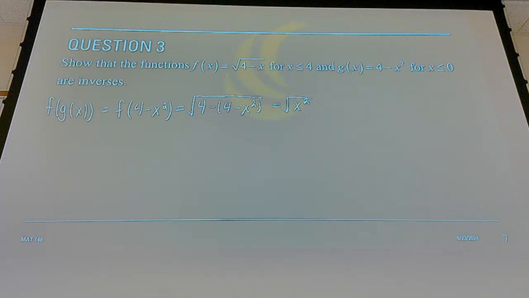That is a very common mistake, made a lot even in the upper level courses. That's why I always put parentheses around what I'm replacing.